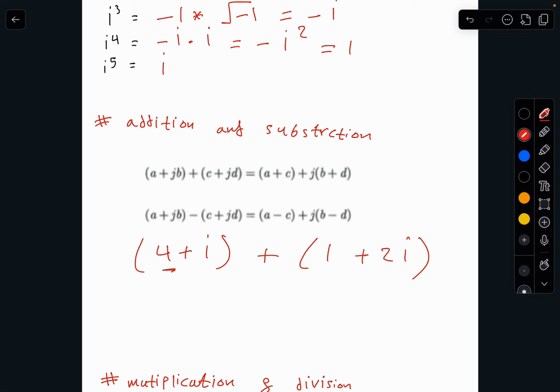So we take the real numbers and add them together, so it's going to be 5. And we take the imaginary numbers and add them together alone, and it's going to be 3.